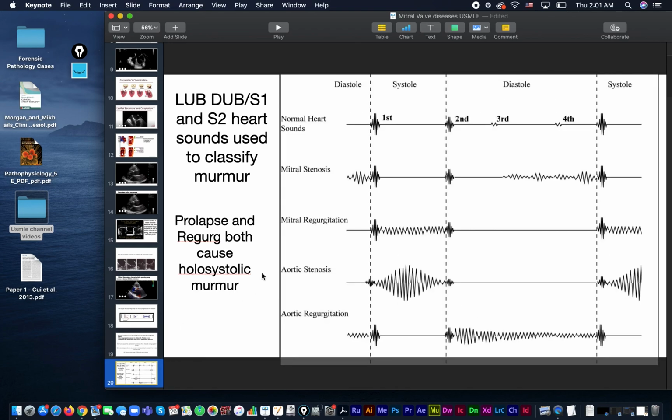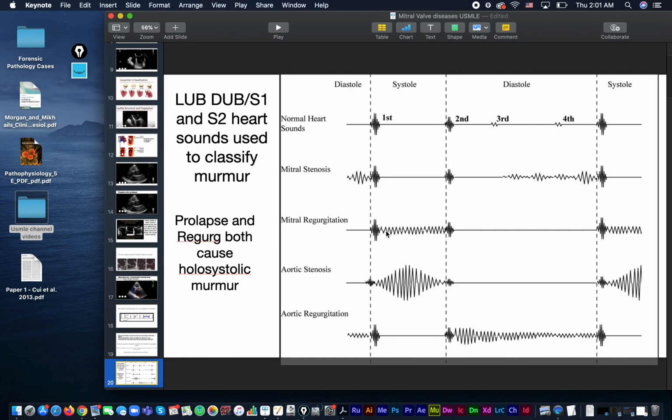This is nothing. Mitral stenosis, you can see, as we spoke, the murmur is in diastole. Mitral regurg, holosystolic, because remember, regurgitation, all the types of regurg, they occur due to failed leaflets, so it's a continuous turbulent flow.